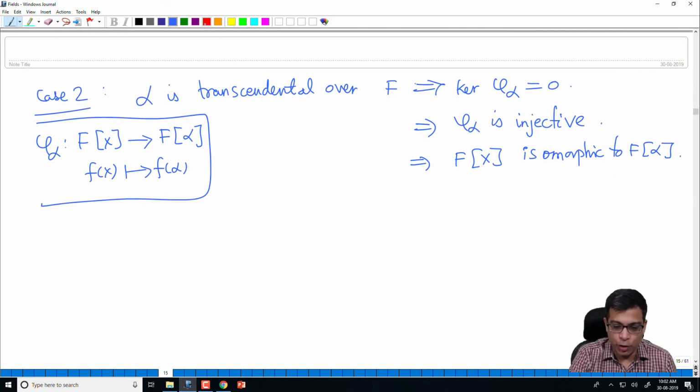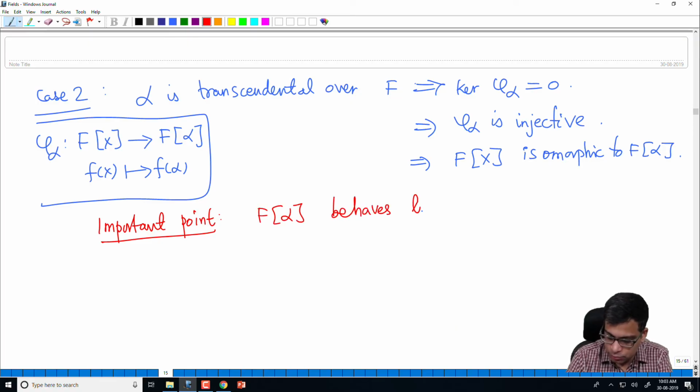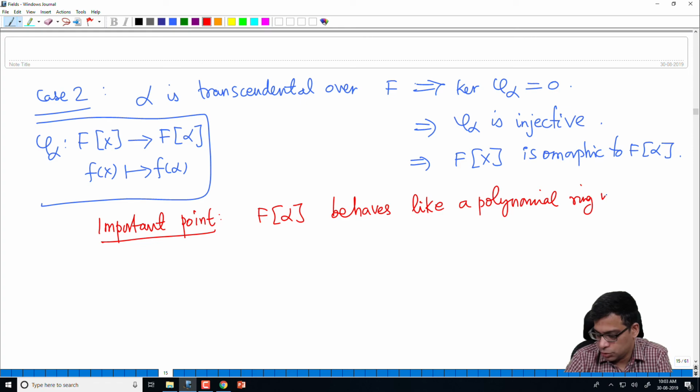So the important point here is, F[alpha] behaves like a polynomial ring in one variable.